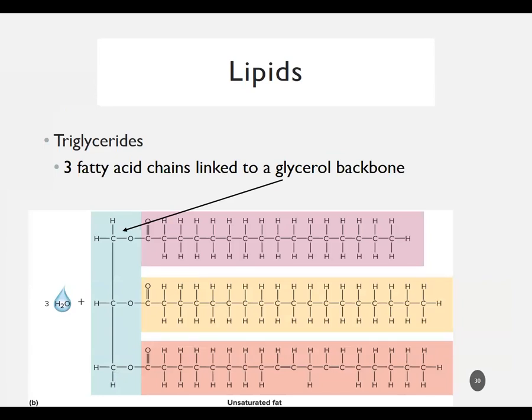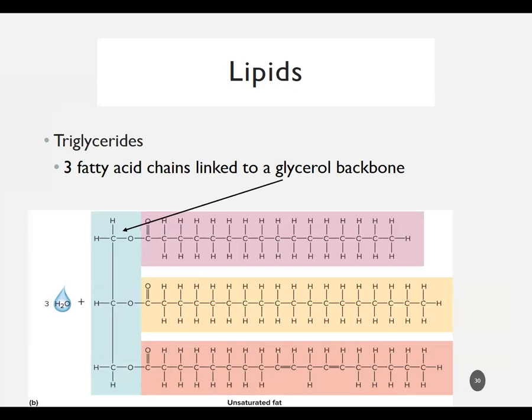So moving on to a closely related lipid, closely related to fatty acids, because this is basically just 3 fatty acids coming together, is triglycerides. You can see here, these are the fatty acid chains we just talked about.